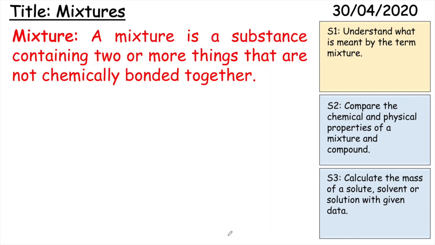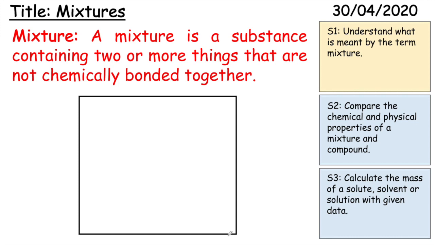So here's the definition of a mixture, and you'll need to know this one as well for your GCSEs. I'm going to draw a mixture now to try and simplify what I mean. So you could have a mixture of substances. You could have an atom, so here's our blue atom. You could have an element, so 2 atoms bonded together.